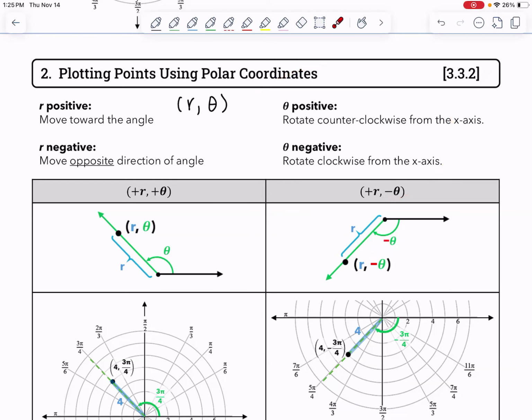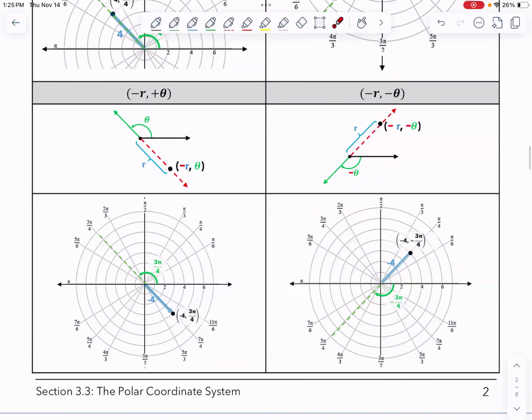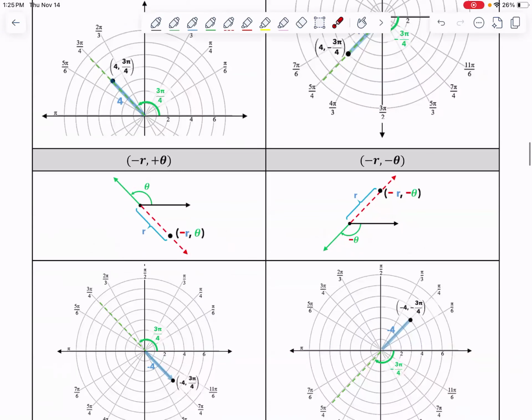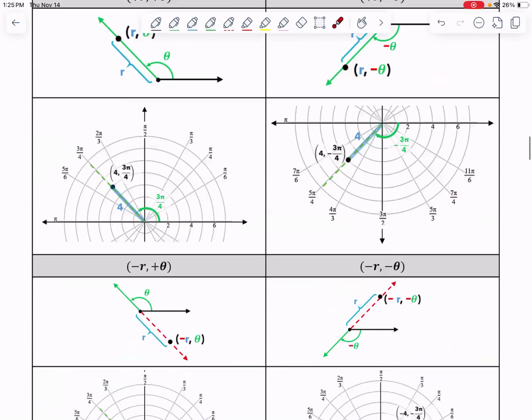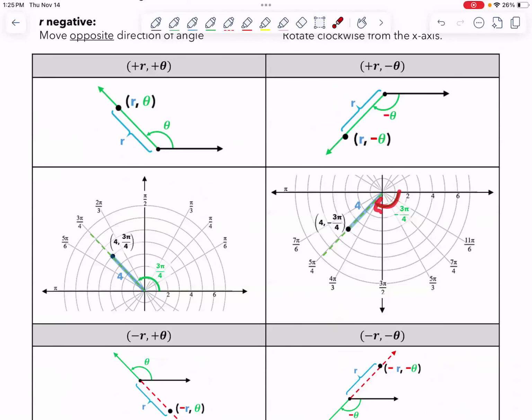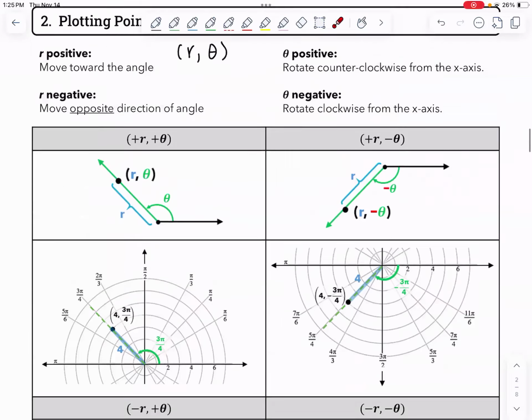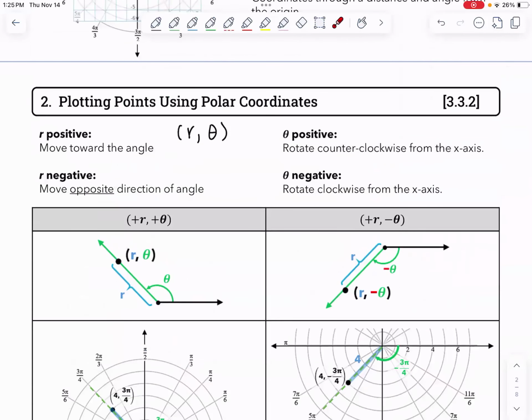If theta is positive, you move in the counterclockwise direction, right? So positive angles move counterclockwise, negative angles move clockwise. That's the same as it's always been, plotting angles in standard position.